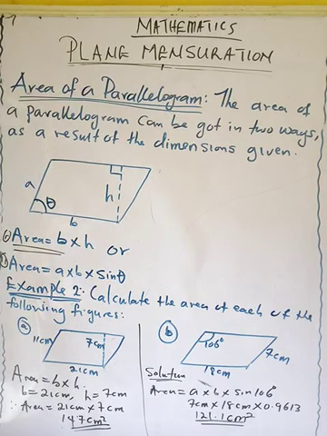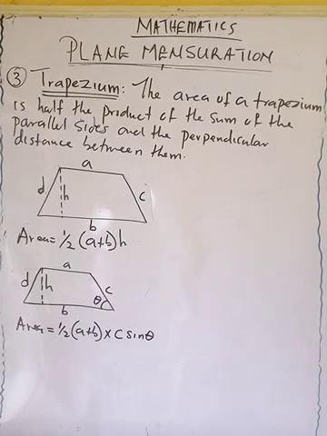So the next one we are going to look into now is the trapezium. How do we calculate the area of a trapezium? The area of a trapezium is half the product of the sum of the parallel lines, times the perpendicular line, that is the height.